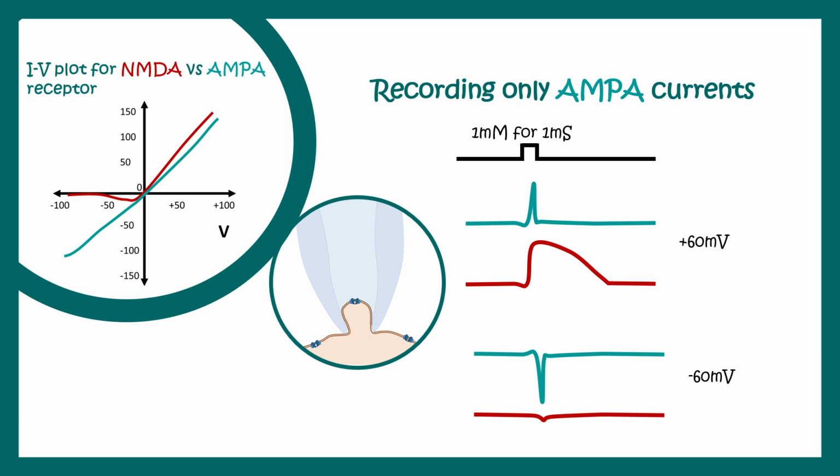So the current at minus 60 millivolts is AMPA current, and the current at plus 60 millivolts is a mixture of AMPA and NMDA current. Just by subtracting I plus 60 minus I minus 60 millivolts, it gives you the NMDA current. So AMPA and NMDA current can be simply calculated using these tricks. This is what is used in the field of electrophysiology.